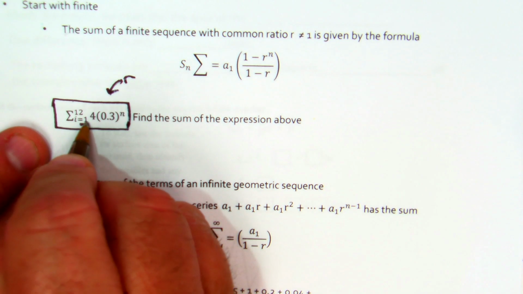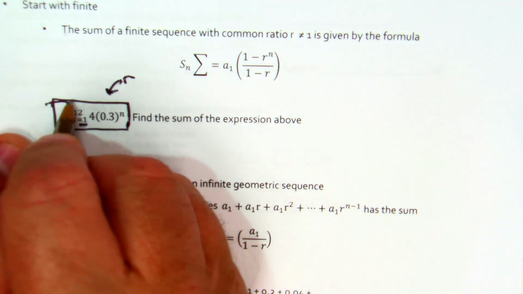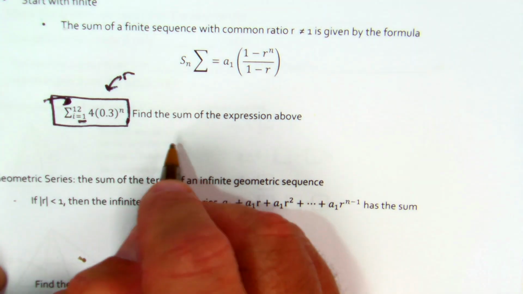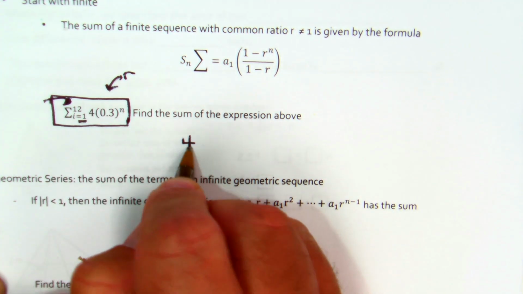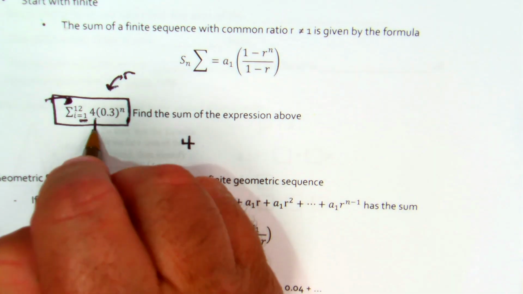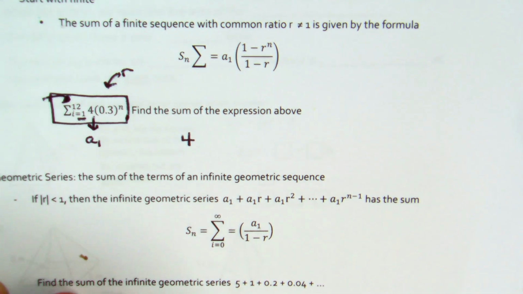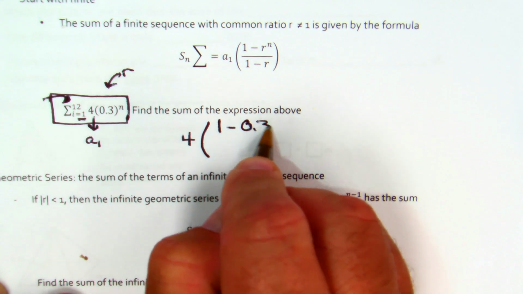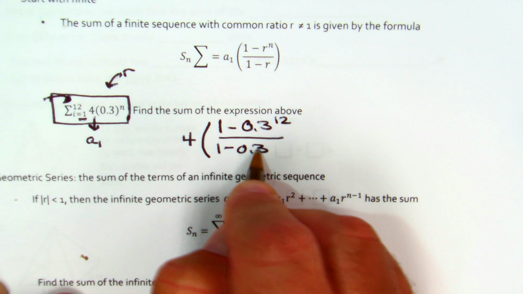When this is 1, when that's 1, then n is your top number, which in this case is what? 12. So this would become a to the 1, which is 4. All right. Parentheses, 1 minus 0.3 to the 12th. Over 1 minus 0.3.